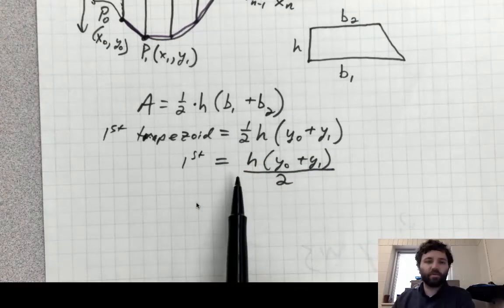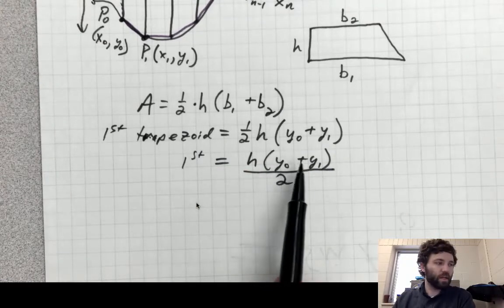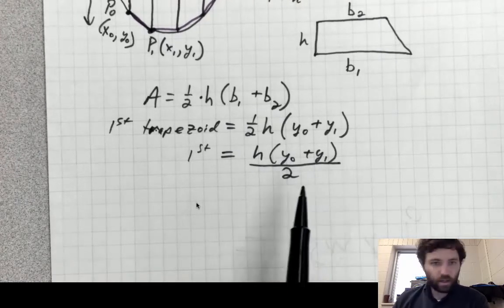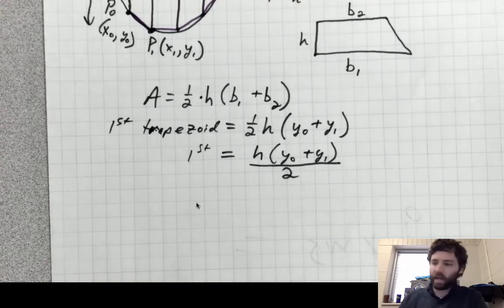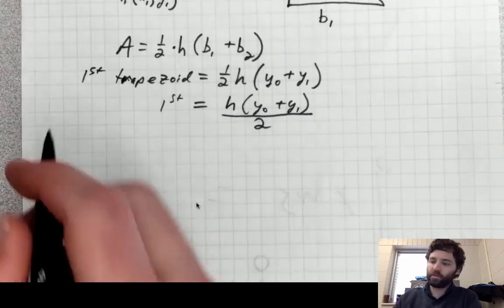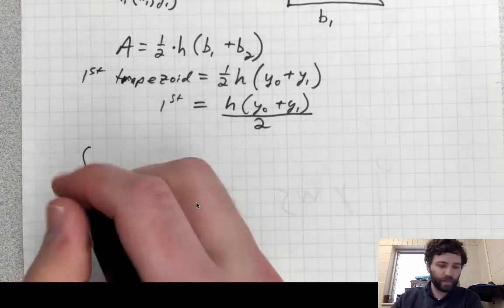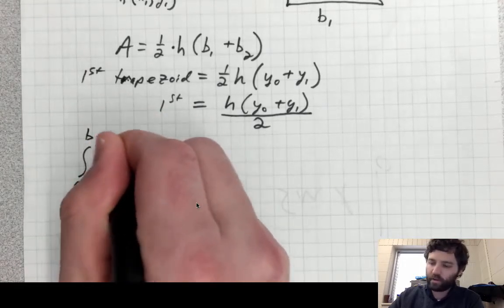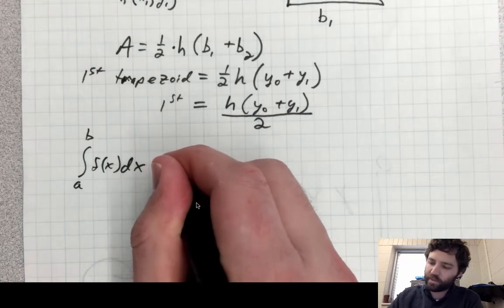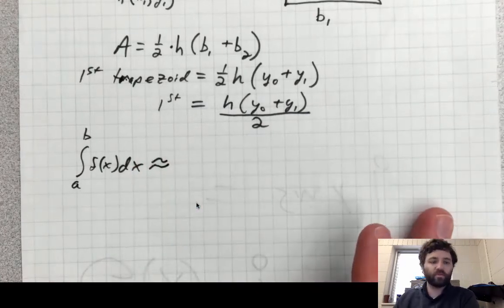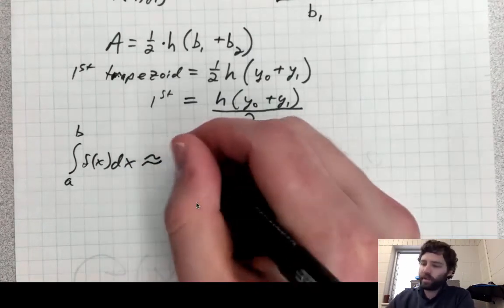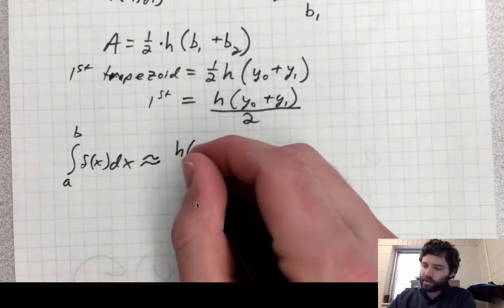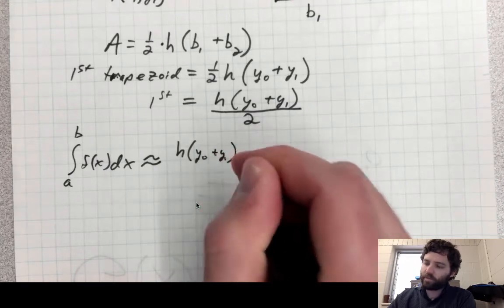Now if we wanted the next one, we do the same thing, except we'd have y sub 1 and y sub 2. To approximate the area under the curve using trapezoids, we take the integral from a to b of f of x dx. If we wanted to approximate that using trapezoids, this is what we would be doing. We would take h times the first trapezoid, so that would be y sub 0 plus y sub 1 over 2.